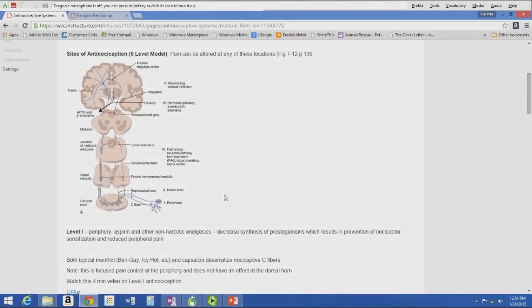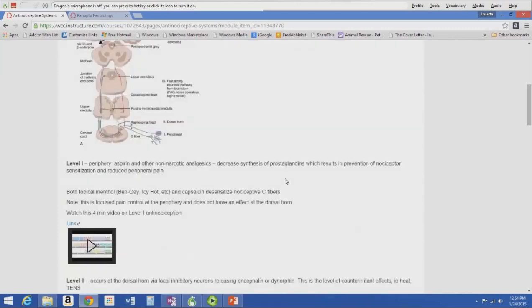Okay, so level 1 of the 5-level model is the periphery. So aspirin and ibuprofen and other non-narcotic analgesics function at level 1.